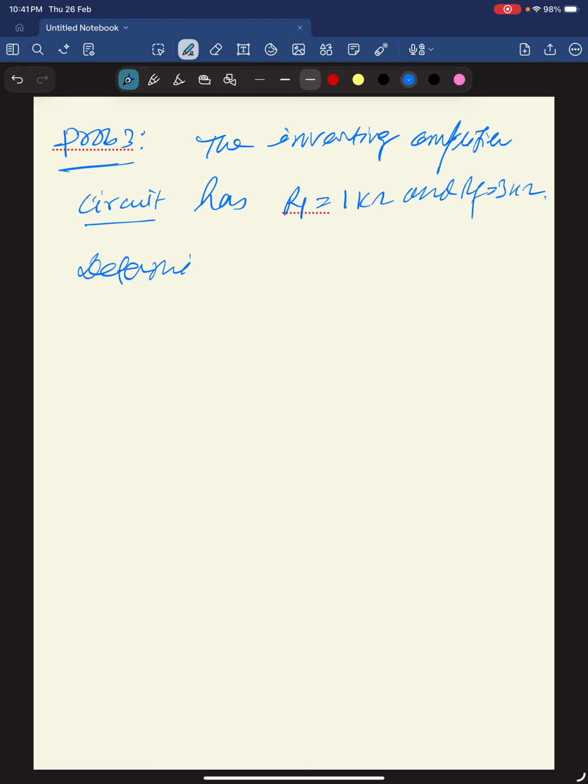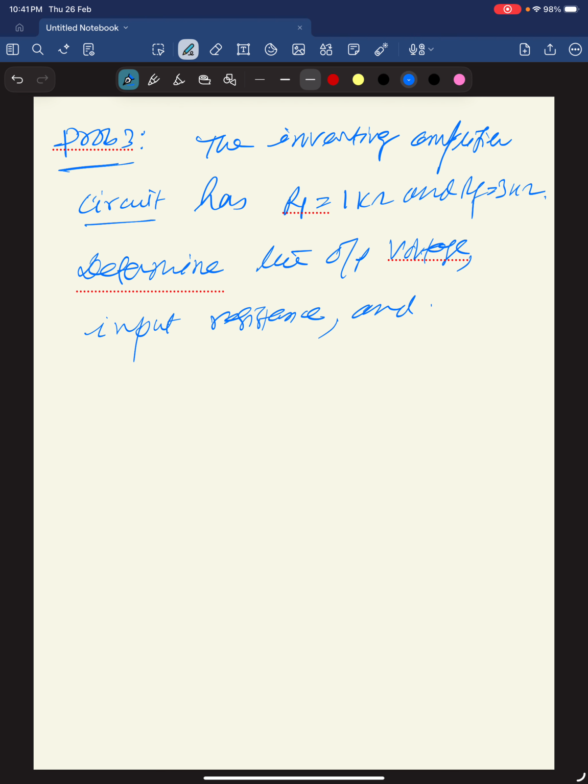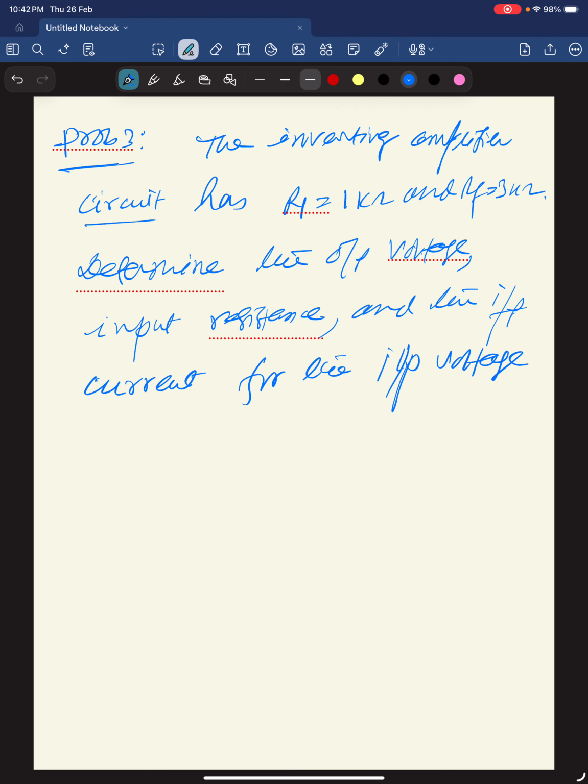Determine the output voltage, input resistance and the input current for the input voltage of 2 volt. So these are given.